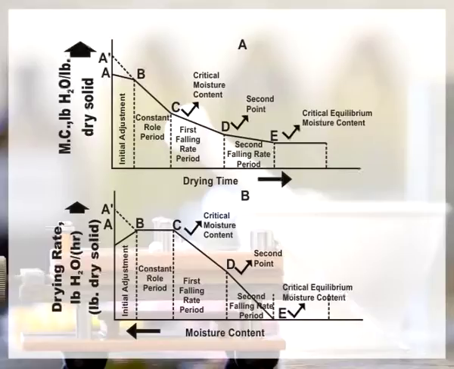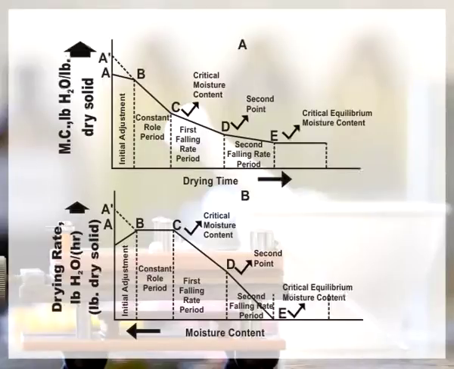The second period is the constant rate period. It is the time corresponding to the BC line in the graph. The temperature remains constant and the rate of drying is constant because the heating rate and the cooling rate become equal. There is a continuous liquid film over the surface of the solid. Moisture evaporating from the surface is replaced by water diffusing from the interior of the solid.